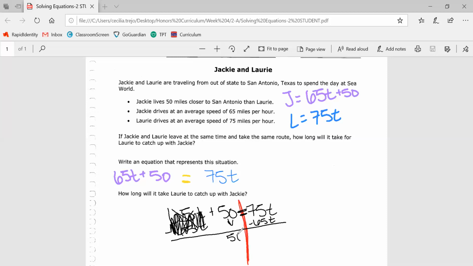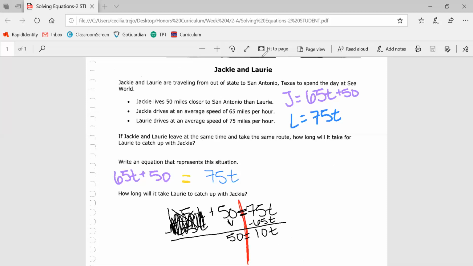And we're left with 50 on the left side. And now I'm going to do this operation: 75t minus 65t, or just 75 minus 65, and we're going to keep the same variable. 75 minus 65 gives us 10. I'm just going to add the variable, 10t. And now we have a simple one-step equation, right?